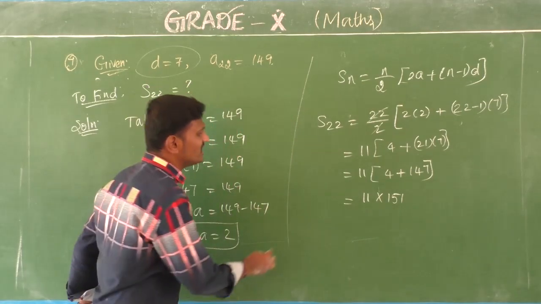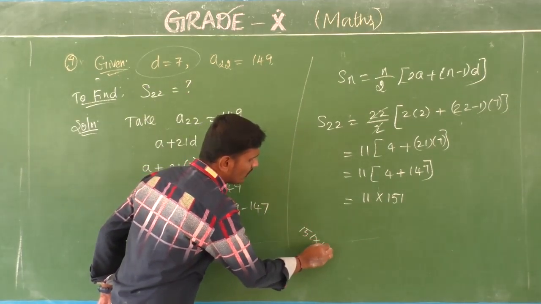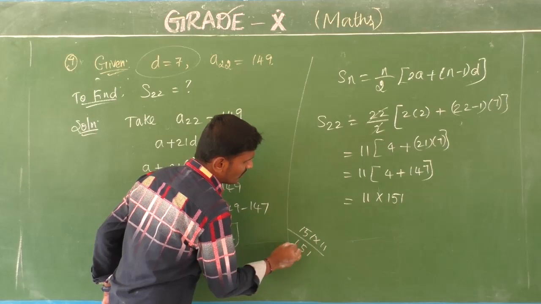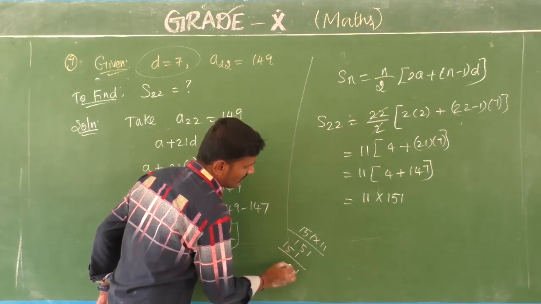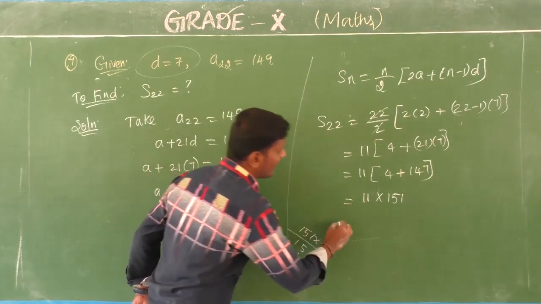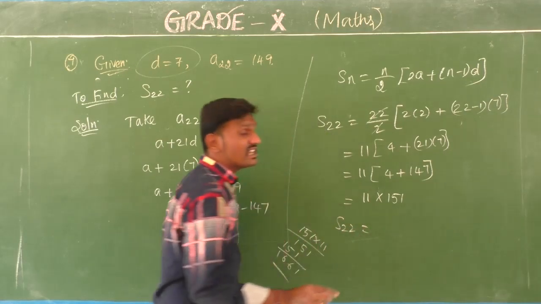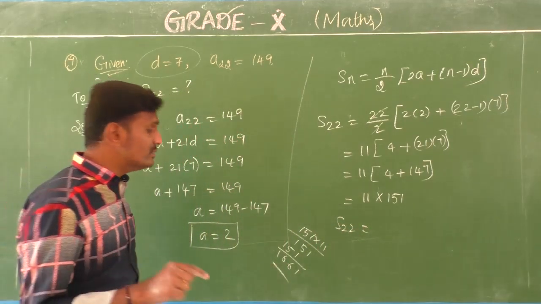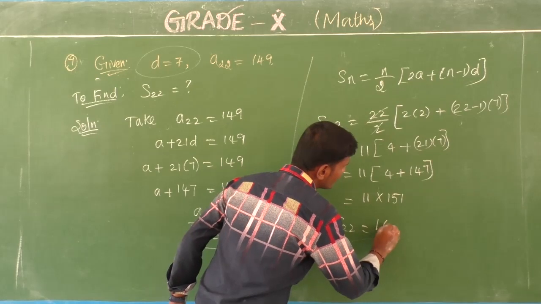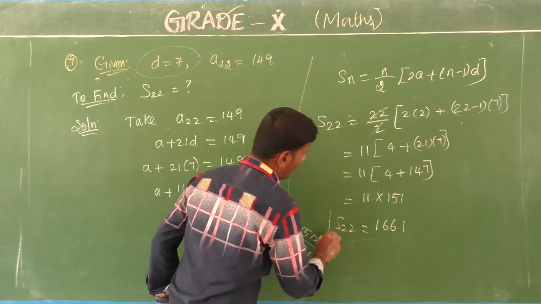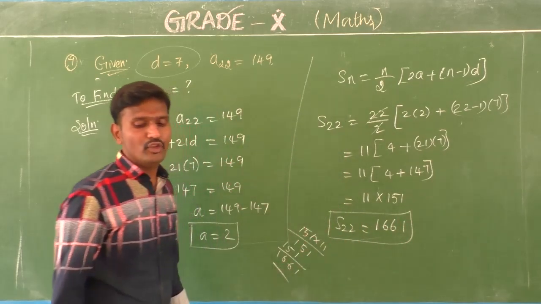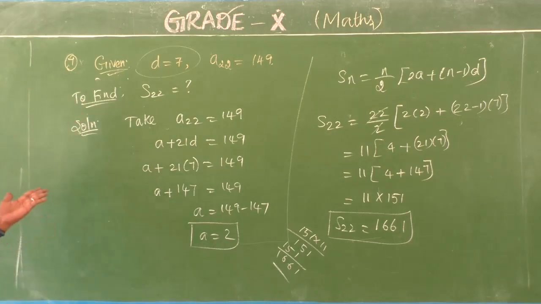Now we multiply 151 into 11, to get 1661. So the value of S22, the sum of the first 22 terms, is equal to 1661. So this is the final answer for question number 7.